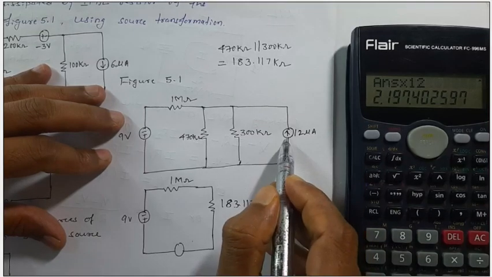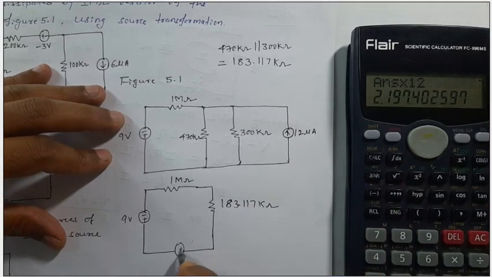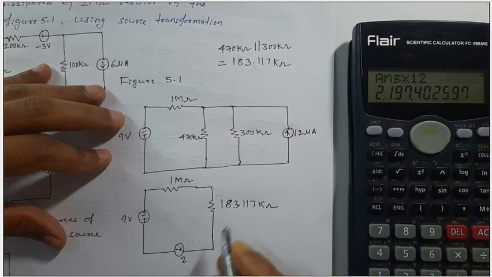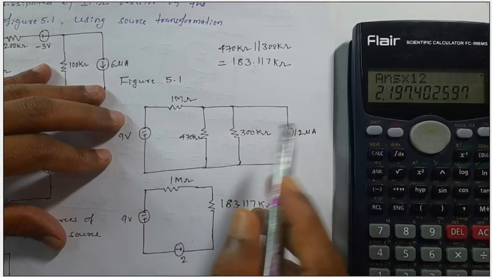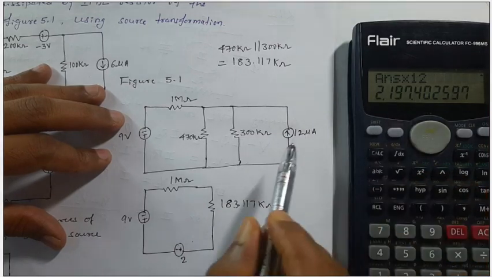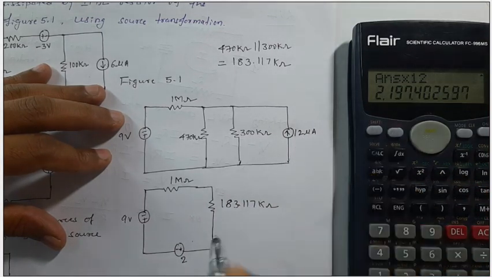Because arrow mark is upwards, this will be plus and this side it is minus, because this side the current will flow. Okay, so its value is 2 point, because kilo and micro is there, it is 2.197 volts.